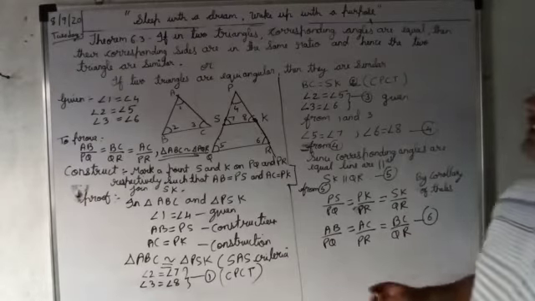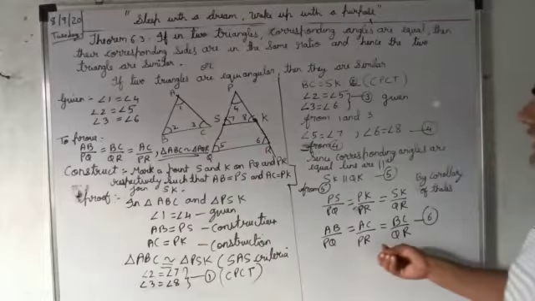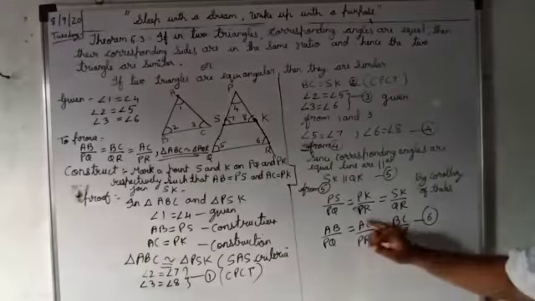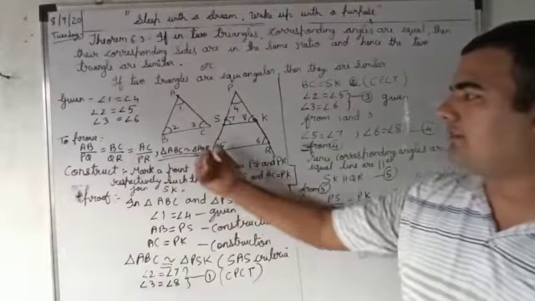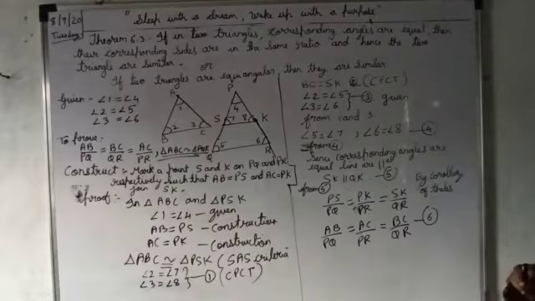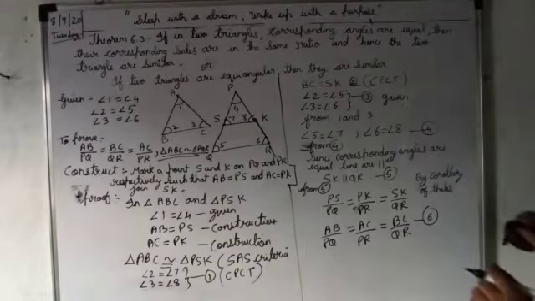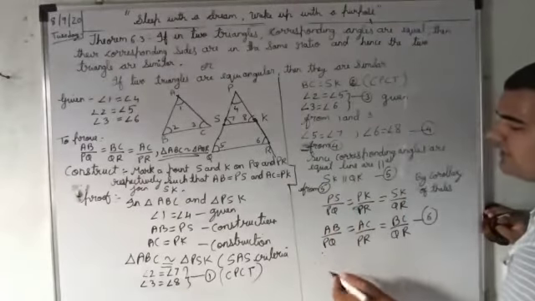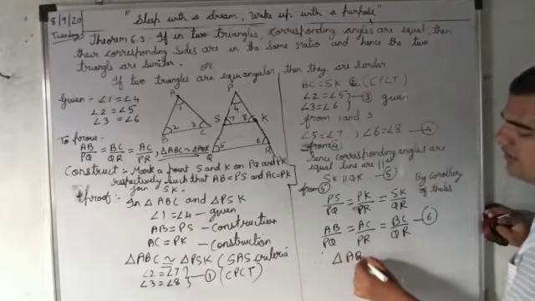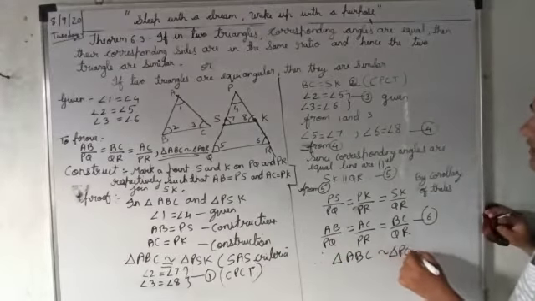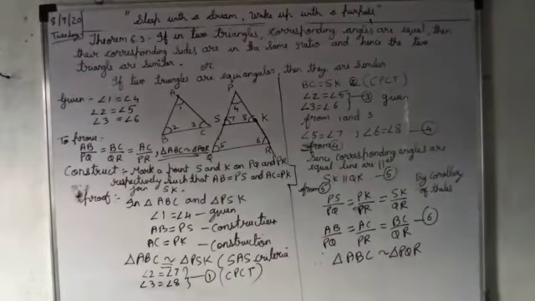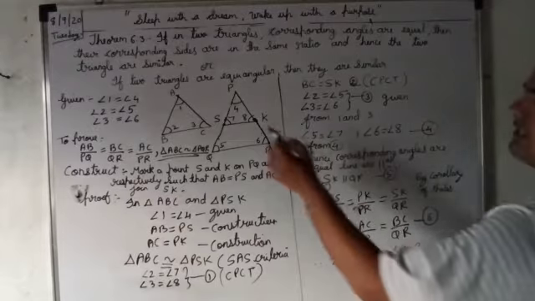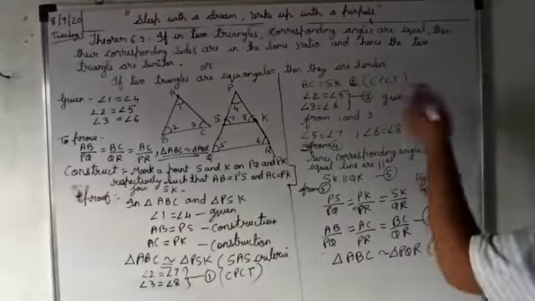Now see, corresponding angles are equal and corresponding sides are in proportion: AB upon PQ, AC upon PR, and BC upon QR. Since all the corresponding sides are in proportion and corresponding angles are equal, as already given, you can say triangle ABC is similar to triangle PQR. By which criteria? Angle criteria: if two triangles are equiangular, then they are similar.